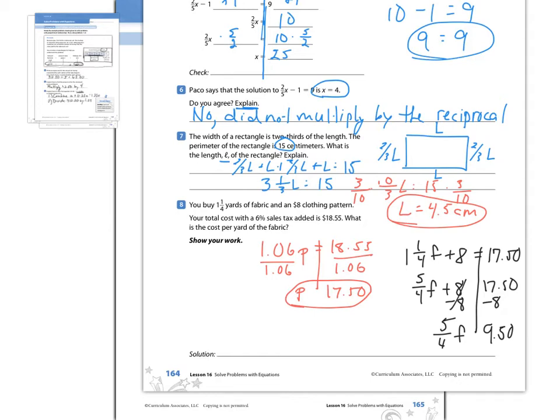And then to solve that equation with a fraction, you could either divide by 5/4 or once again multiply by the multiplicative inverse. So multiply both sides by 4/5. The cost per yard, or F, is equal to $7.60.